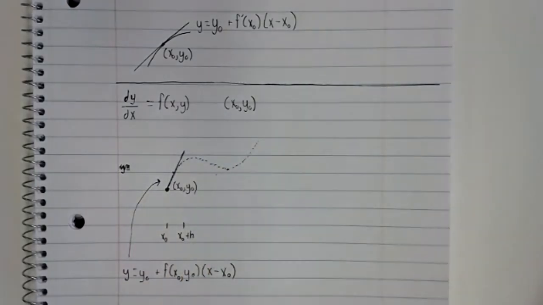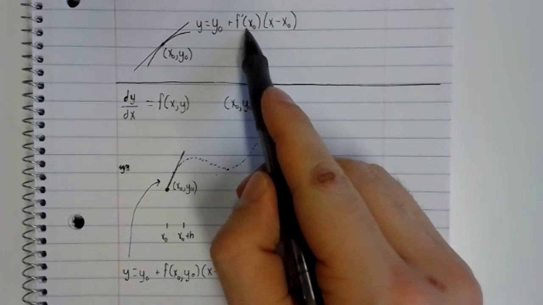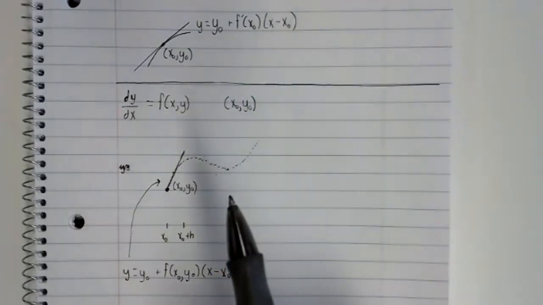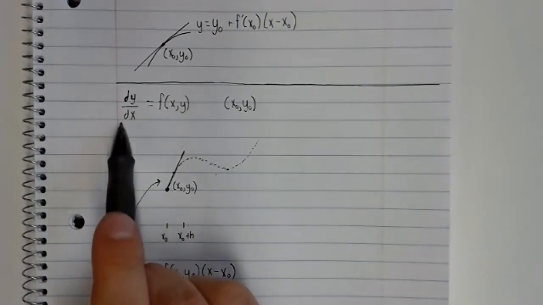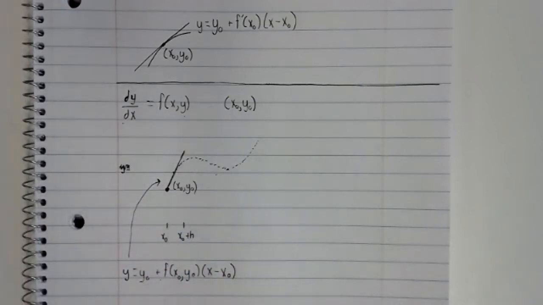Now, it's easy to get confused here because you're used to taking a derivative when you do linearization, but this f is already the derivative, so we don't need an f prime here.